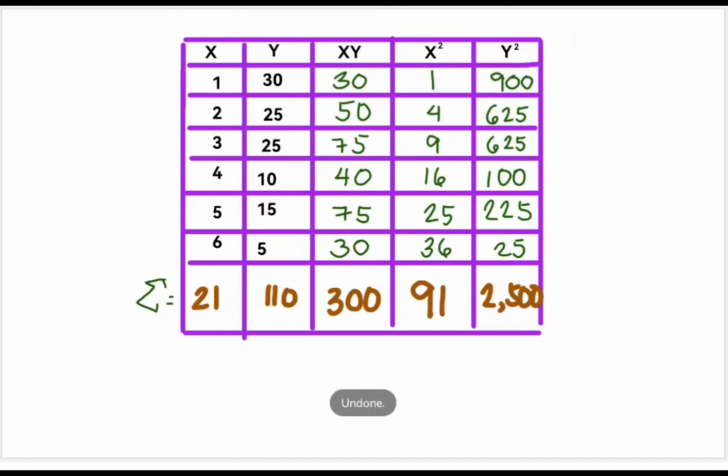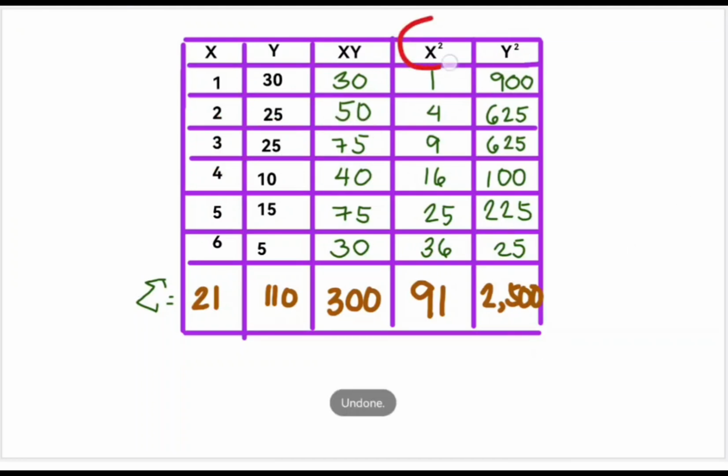Now, to get the XY, all you have to do is multiply the values for X and Y. So 1 times 30 is equal to 30. 2 times 25 is equal to 50. 3 times 25 is equal to 75, and so on.